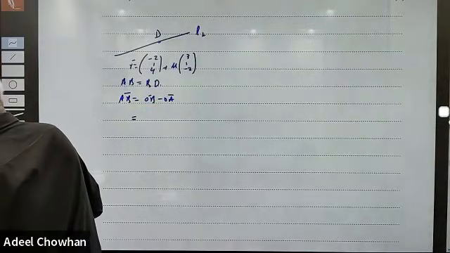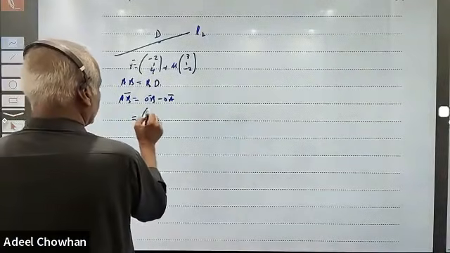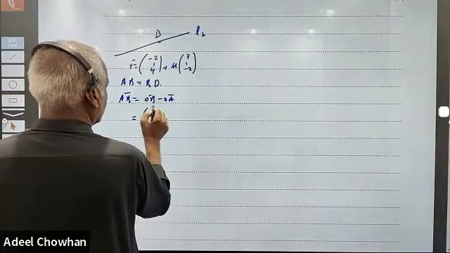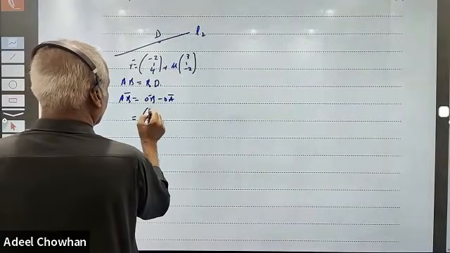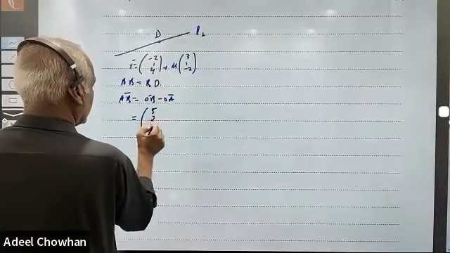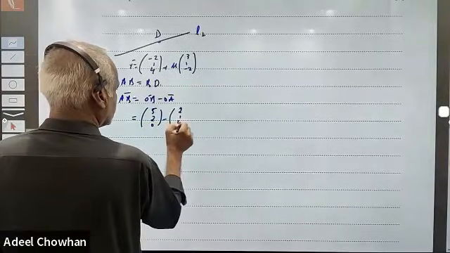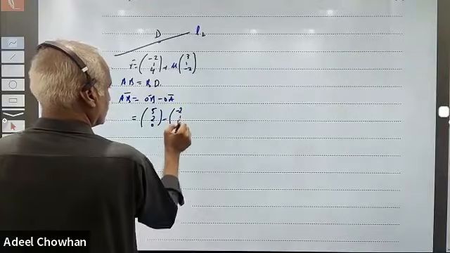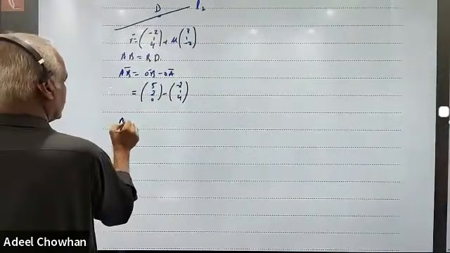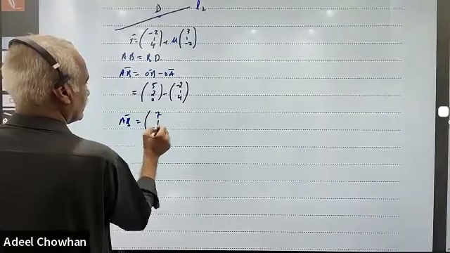Writing the coordinates of OB, 5, minus OA, it should be equal to 5 plus 2, 7; 2 minus 1 is 1; and minus 4.